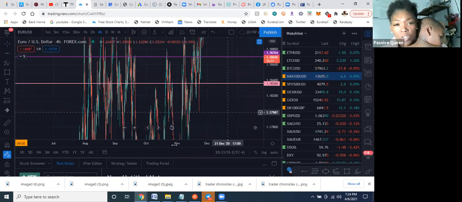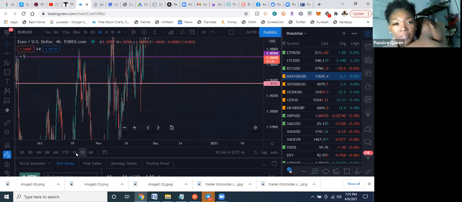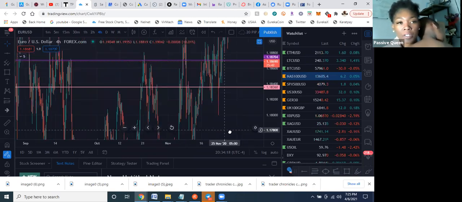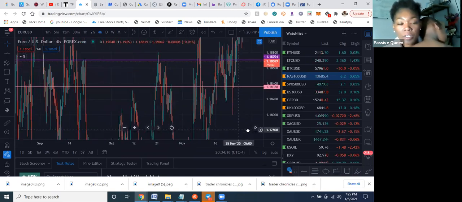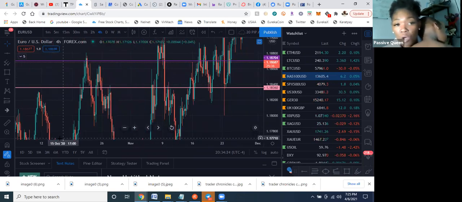All right. So the last time price was in this area, kings and queens, was between August and November of 2021. Yep, 2021. We're gonna open it up a little bit. I know that might hurt some of y'all eyes, so we're not gonna go through all these areas.